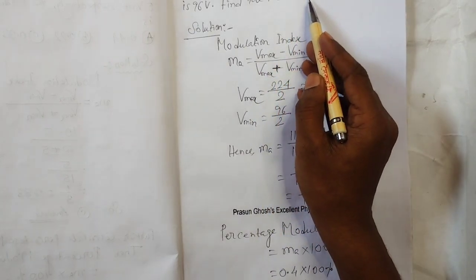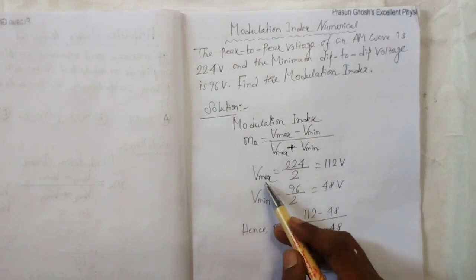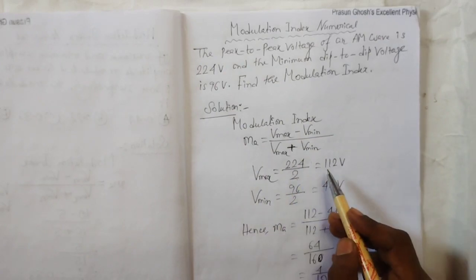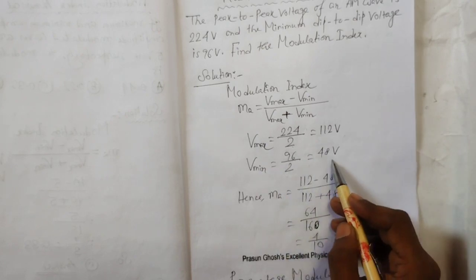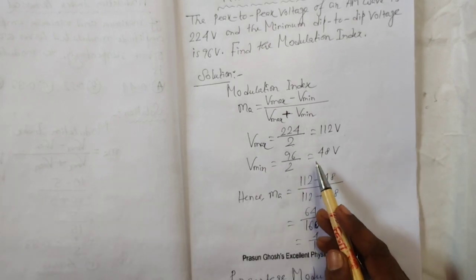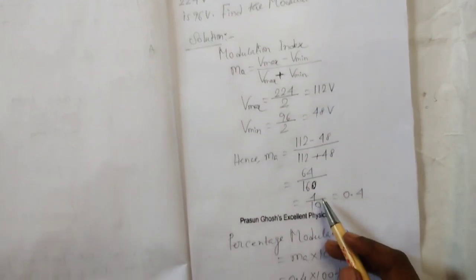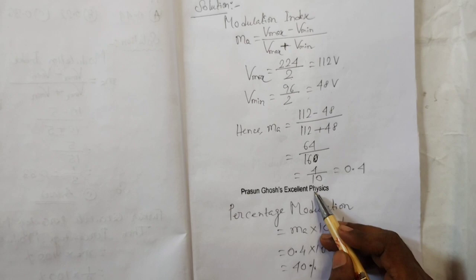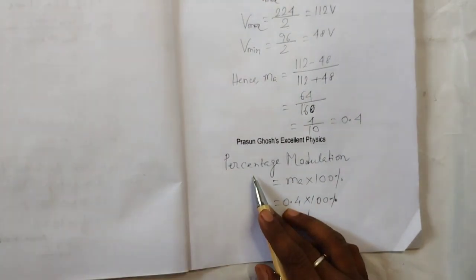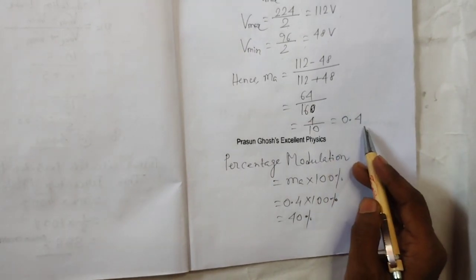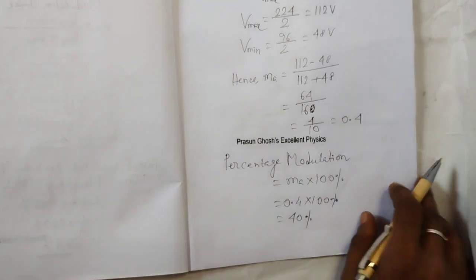From this problem, Vmax equal to 224 by 2, that is 112 volt, and Vmin is 96 by 2, that is 48 volt. Putting the values of Vmax and Vmin in this equation, we get 4 by 10, that is 0.4. If I calculate the percent of modulation, we multiply by 100, so we get 40%, that is the percentage of modulation.